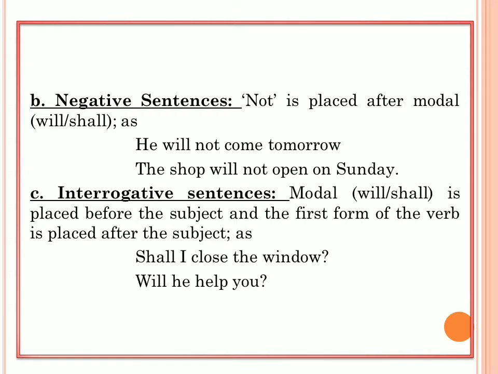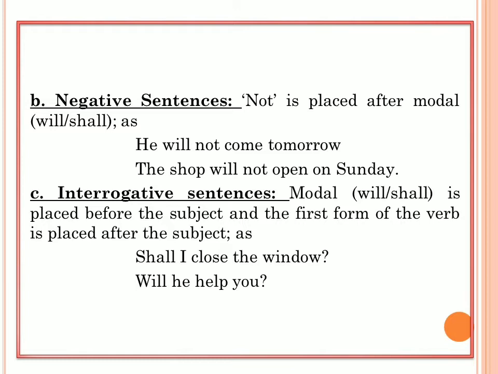That is, in the beginning, we have to use shall or will, and the first form of the verb is placed after the subject. So we have to start with the helping verb. Shall I close the window? Will he help you? So we use the first form of the verb. That is the interrogative sentence.